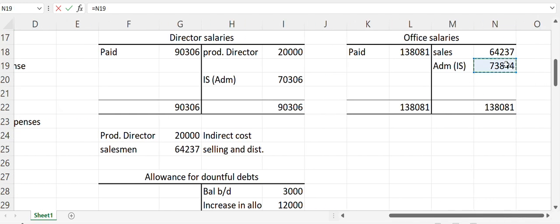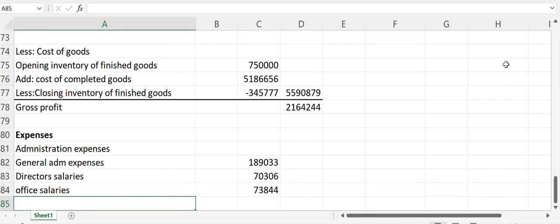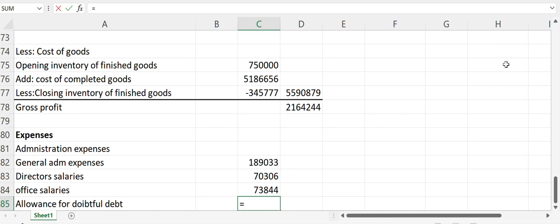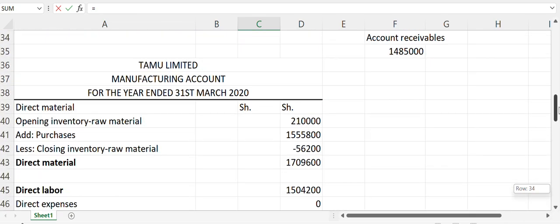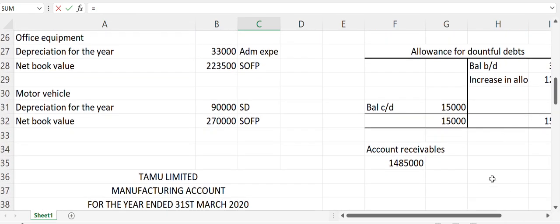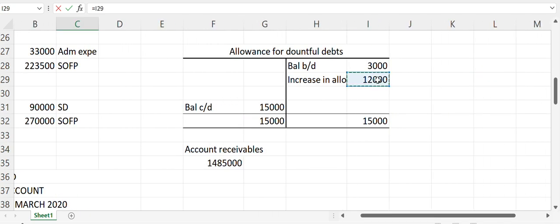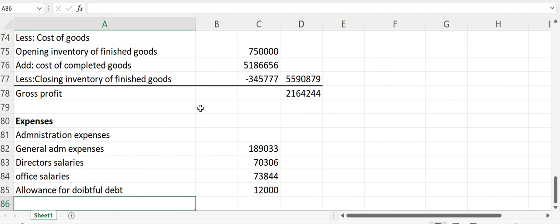Then let us not forget allowance for doubtful debt. The allowance for doubtful debt we had computed, it was actually 12,000. You can remember, it is an increase.